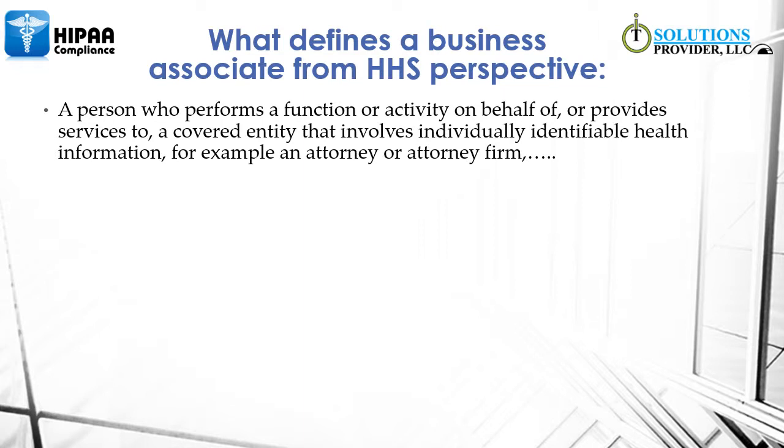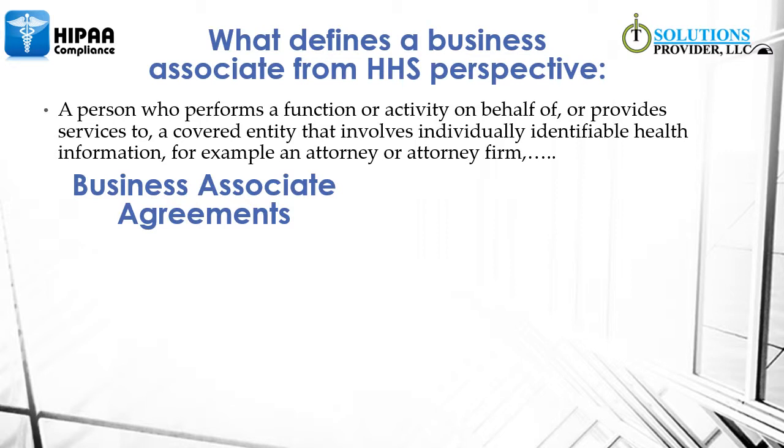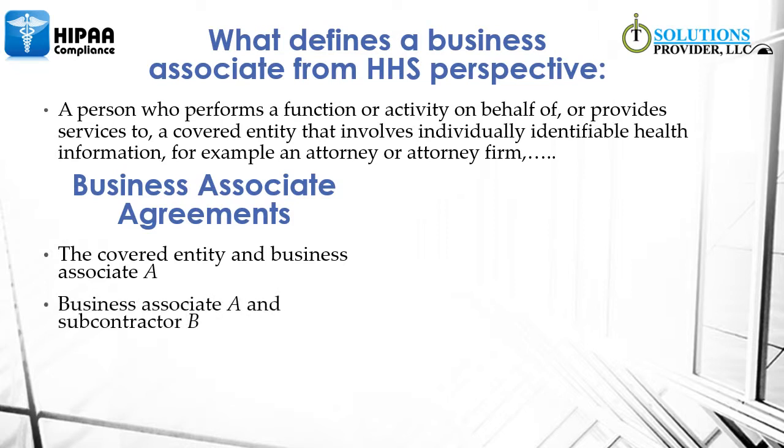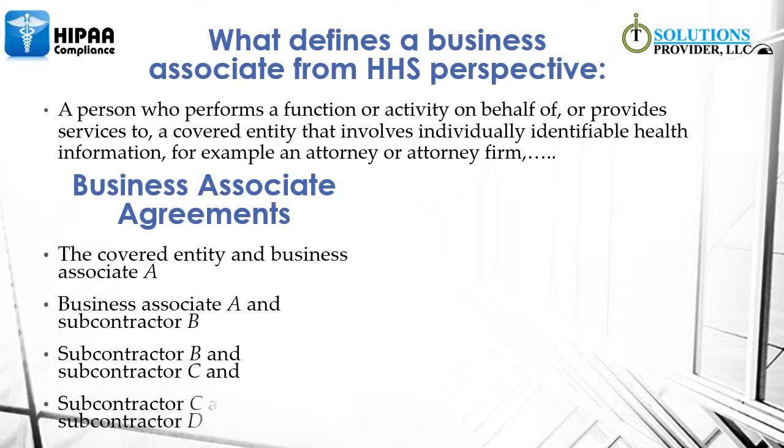In addition, business associate agreements would be required between: 1. Covered entity and business associate A. 2. Business associate A and subcontractor B. 3. Subcontractor B and subcontractor C. And 4. Subcontractor C and subcontractor D.